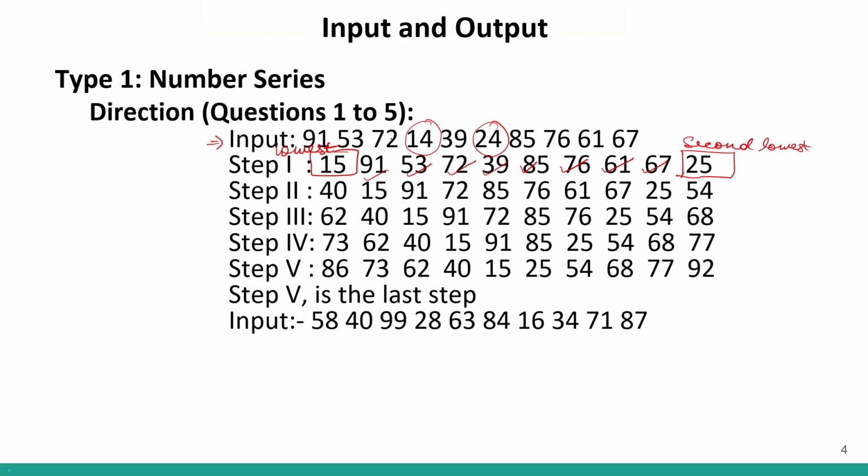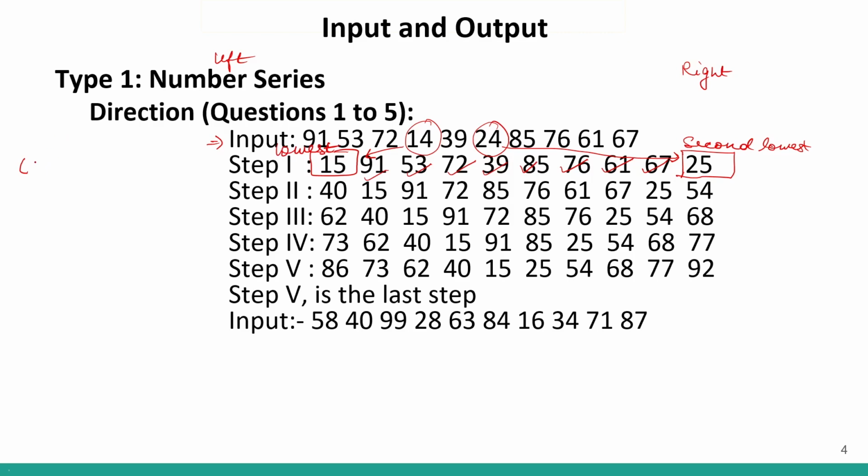So basically what we have done is we have taken the lowest to be on the left side, and we have taken the second lowest to be on the right side. Plus, there is an addition of 1 because 14 has been changed into 15 and 24 has been changed into 25. So, what is the thing that is done in the first step?